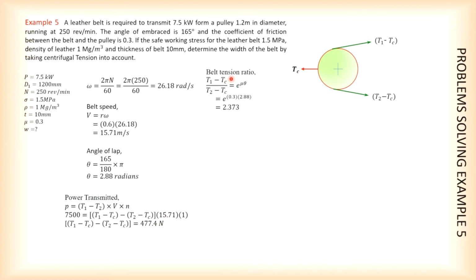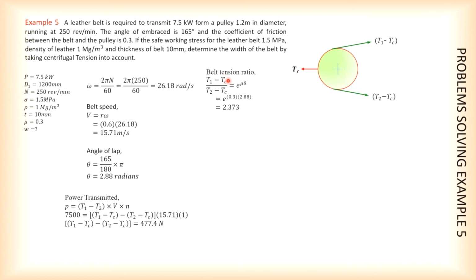Based on the belt tension ratio, where we are taking into account the centrifugal tension TC. Second thing, when you refer to the belt speed, this speed here is 15.71, which is greater than 10 meters per second. Therefore, we have to take TC into account.